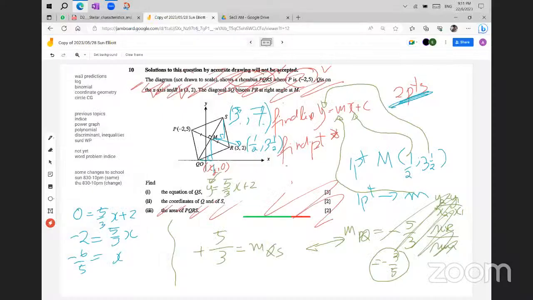You forget already, is it? Okay, look at the previous question. If you look at the previous question, find equation QS, and then later on find Q and find S. So what does that mean actually?